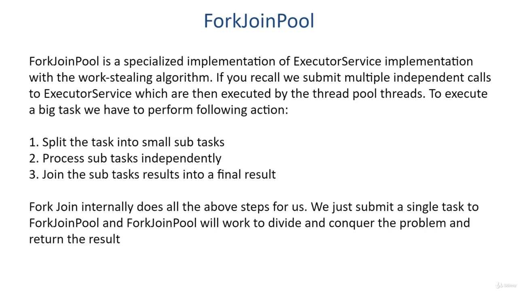To execute a big task, we have to perform the following actions: split the task into small subtasks, process subtasks independently, and join the subtask results into a final result. Fork join internally does all the above steps for us. We just submit the task to the fork join pool, and the fork join pool will work to divide and conquer the problem and return the results.